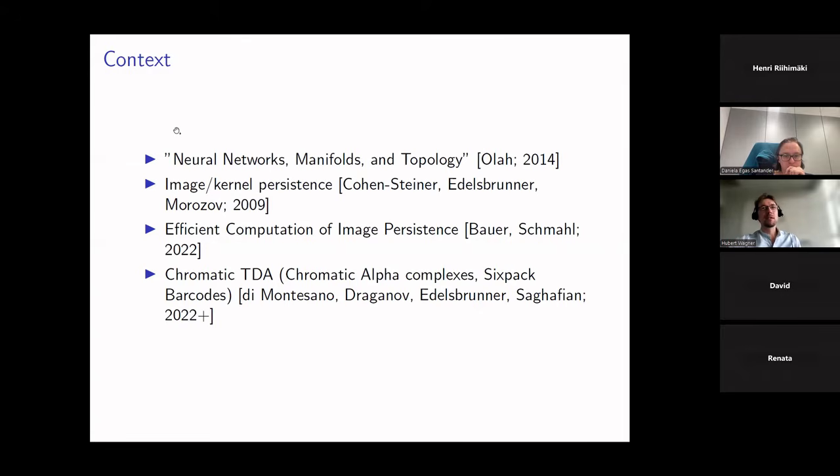So first of all, this initial motivation that I presented with neural network training is directly motivated by a blog post from more than 10 years ago by Chris Olah. I became aware of this only around 2018 and started thinking about those problems.